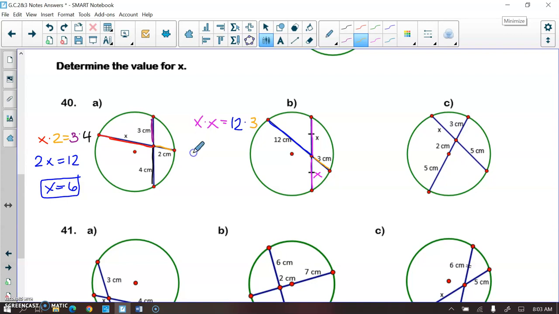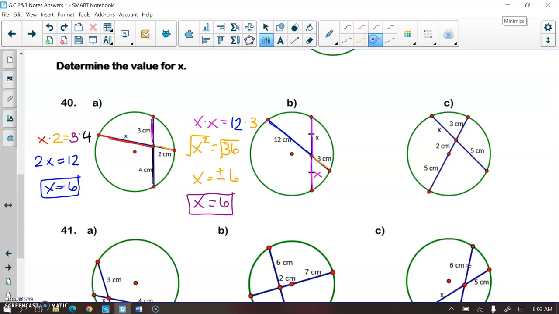So I get x squared is equal to 36. Taking the square root of both sides, normally we would do x is equal to plus or minus 6. But x is a portion of a chord, so x cannot be negative. It needs to be just a positive 6.